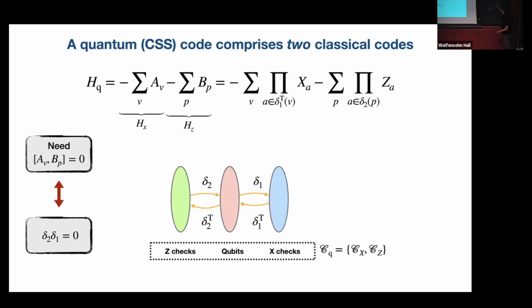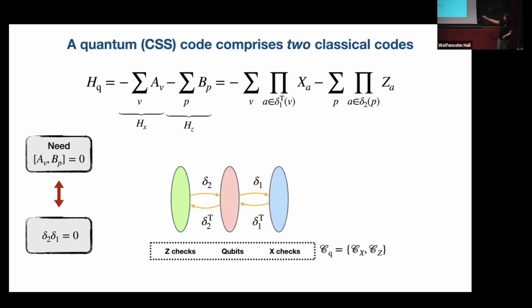But this would then give you a logical operator because you know that the code is LDPC, because you know that your X checks are going to be acting on at most order 1 numbers of sites. This would tell you that HZ actually has to have very, very small distance. It has to have order 1 distance, right?